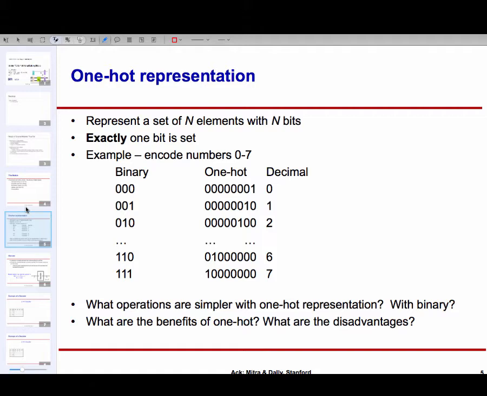We had discussed some of these originally, but I'll throw it out. We are representing numbers. This is our conventional binary representation, and this is the one-hot one. What operations do you think are easier with binary, and which are easier in one-hot? Any thoughts?